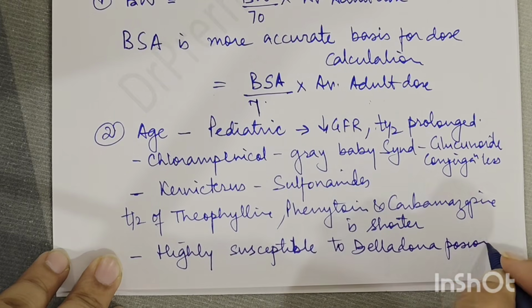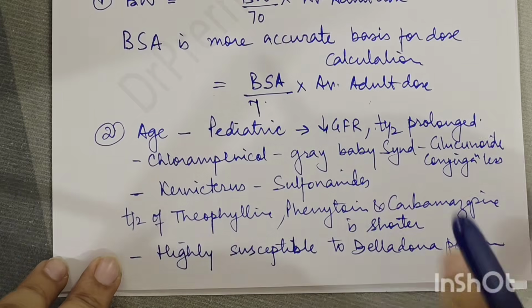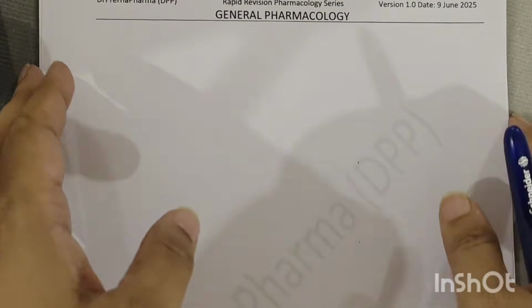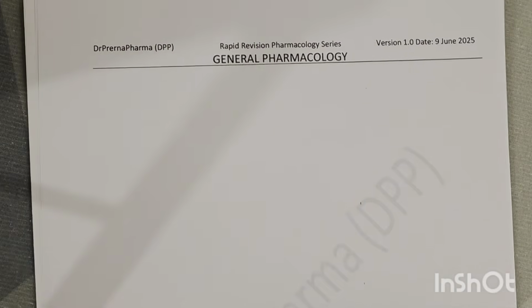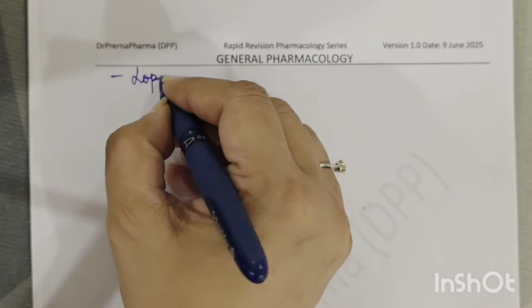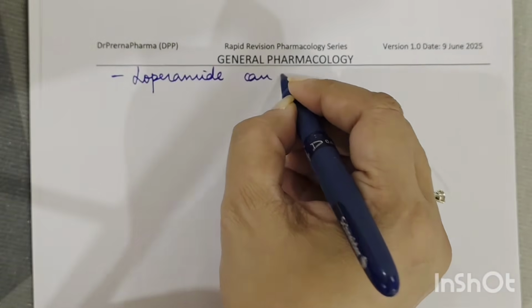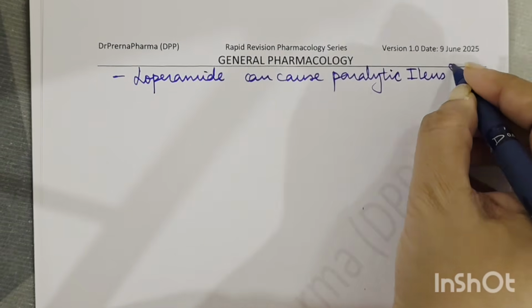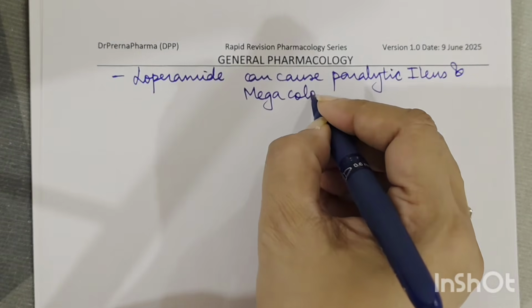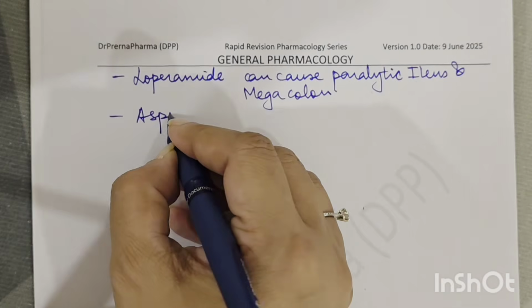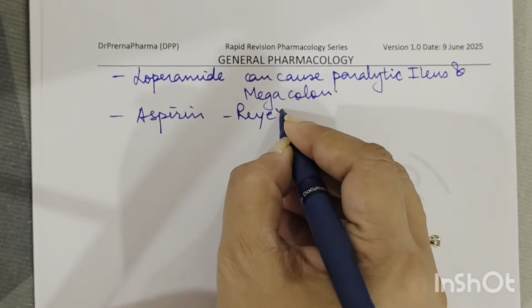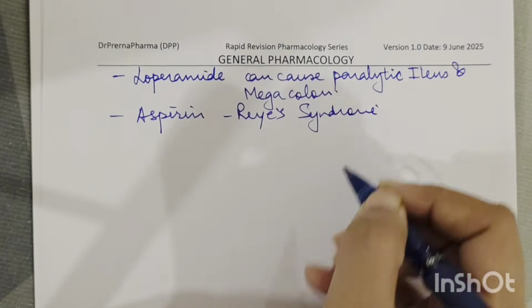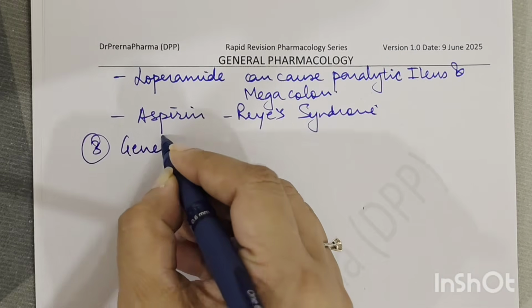That is the atropa belladonna poisoning, which is atropine. Okay. Then loperamide can cause paralytic ileus and megacolon. Okay, and this you all know, aspirin causes Reye's syndrome, so not to be given in small children. Then the third factor which causes a difference is genetics.